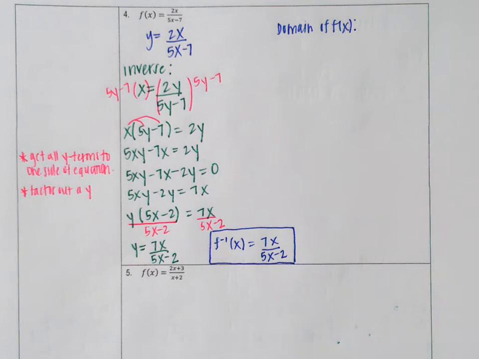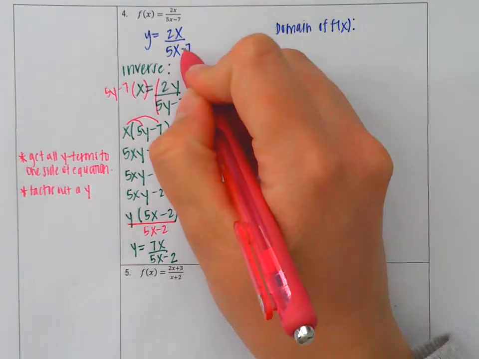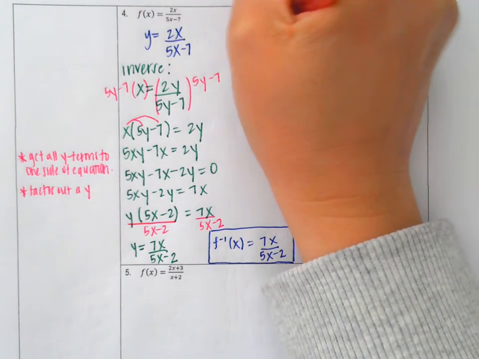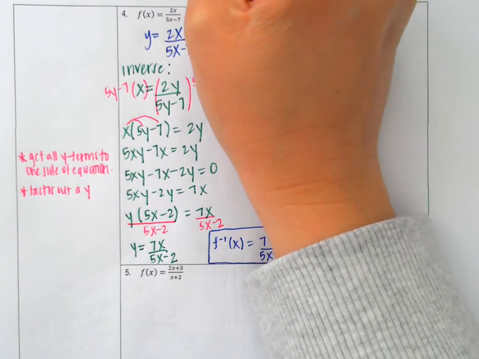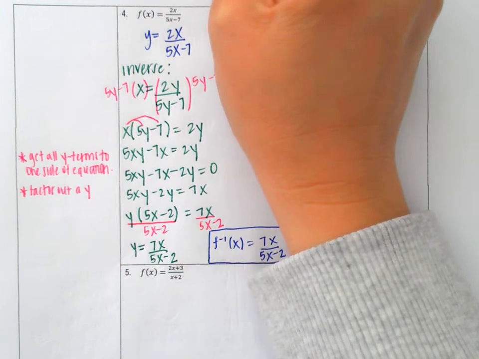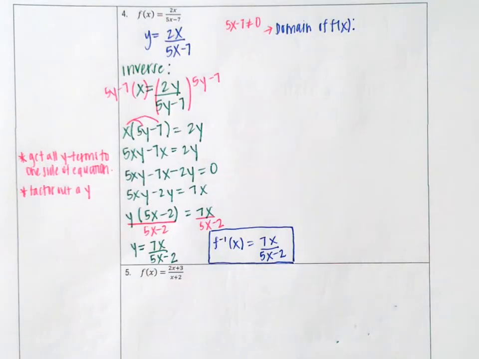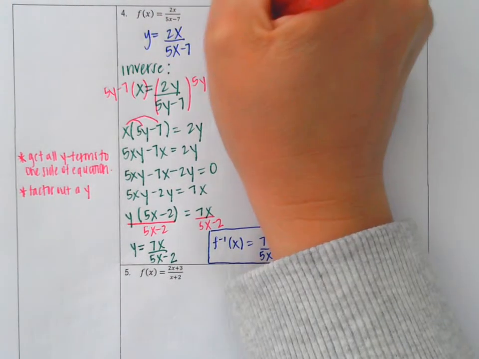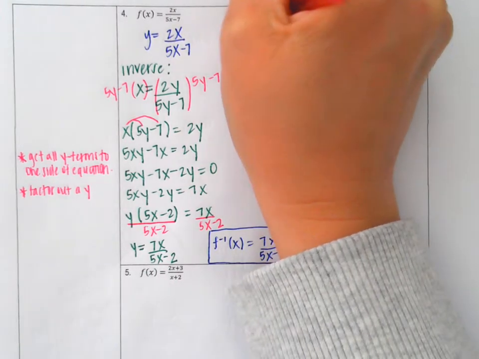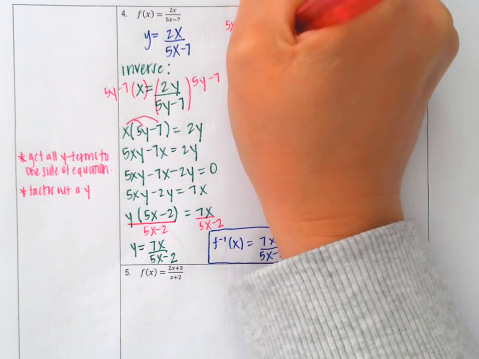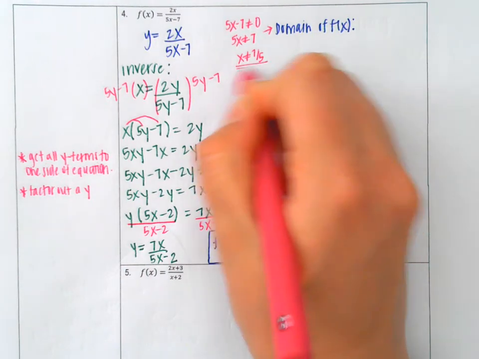And because there's a variable in the denominator, it is a rational expression. So since it's a rational function, that means we have to find its excluded values. So remember, we're looking at the original, so this would be finding the excluded values of the denominator. So 5x minus 7 can't be equal to 0. So we'd add 7, divide by 5, and that's my excluded value.